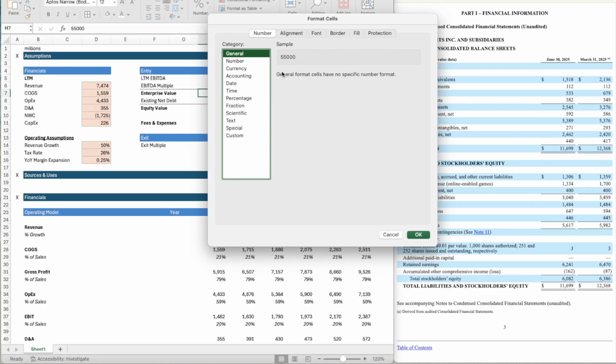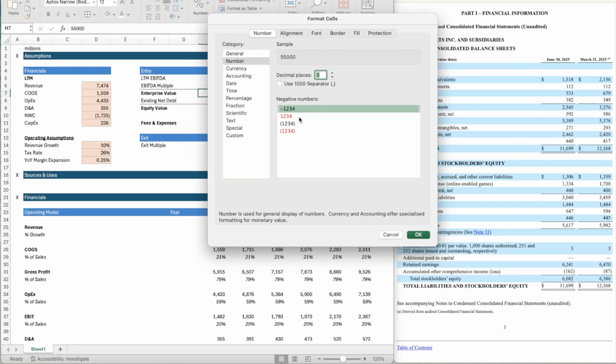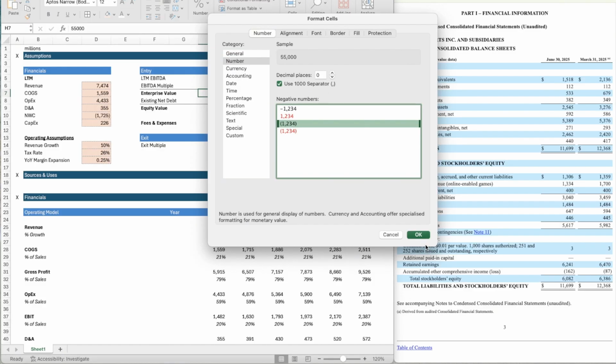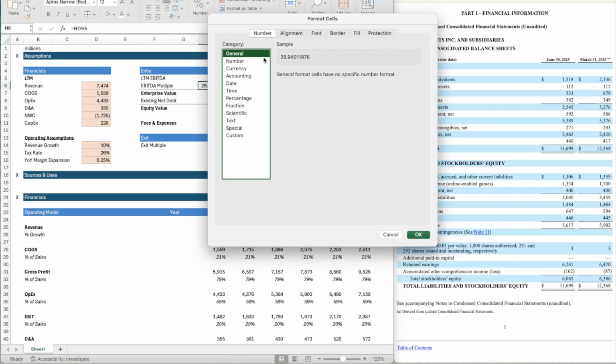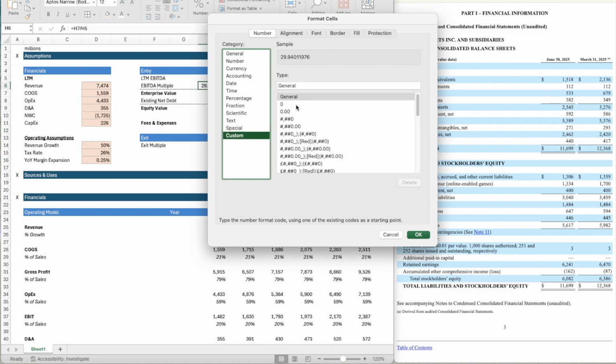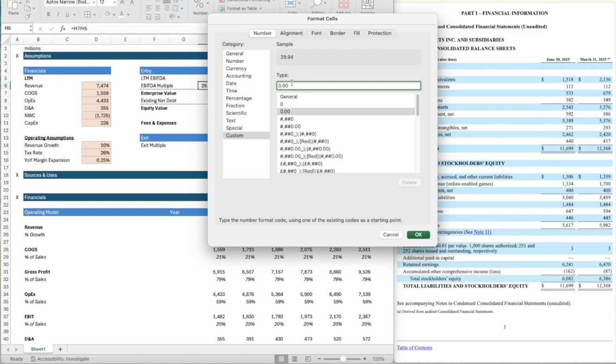So that's what we put as the enterprise value. So the EBITDA multiple is the enterprise value divided by the last 12 months EBITDA, and that gives us 29.94. But let's just customize this so that we don't do it like that.